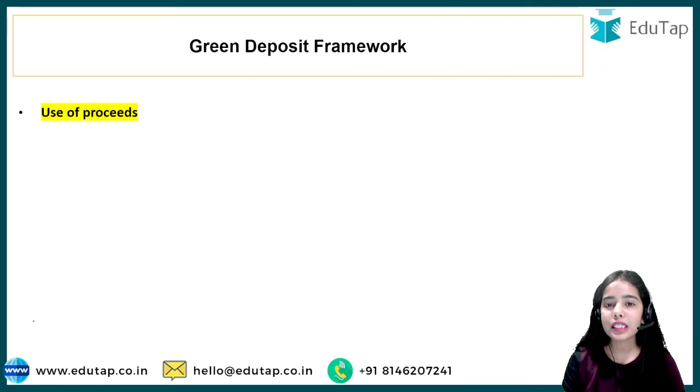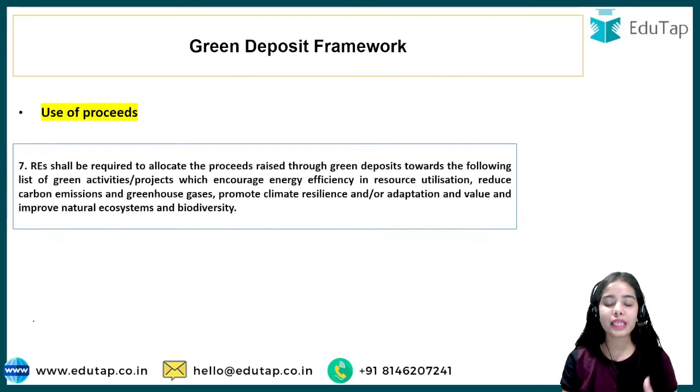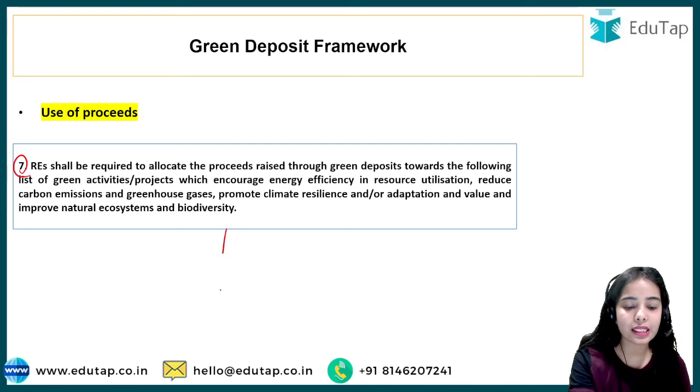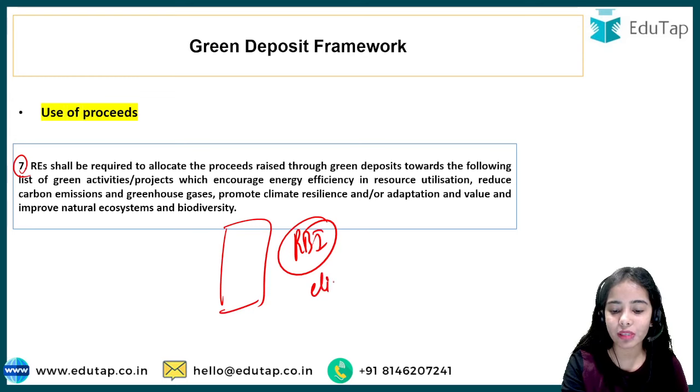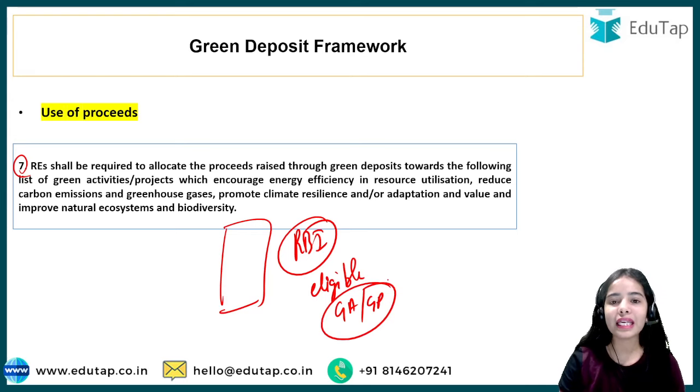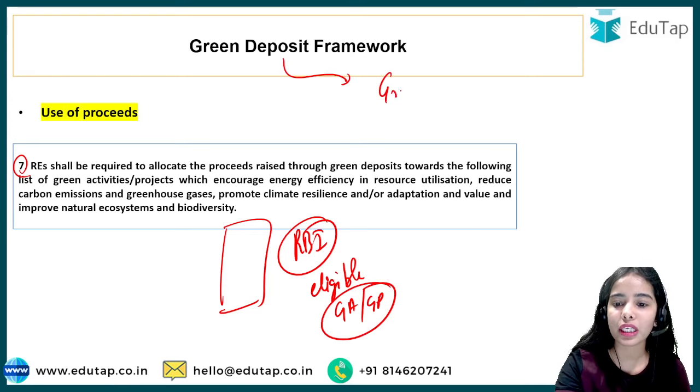Let's see the list that has been provided. Okay, so I was telling you, right, that in the paragraph 7 there is the list that has been provided by the RBI that shows the eligible green activities or the green projects where the money can be used from the green deposit for the green financing, for providing the loans for the green activities or green projects.